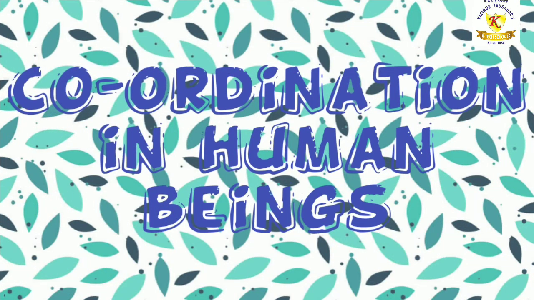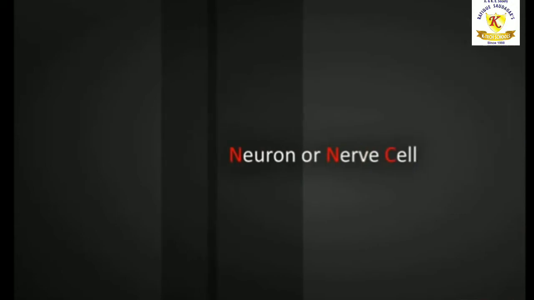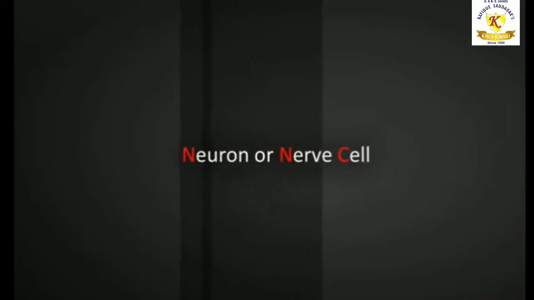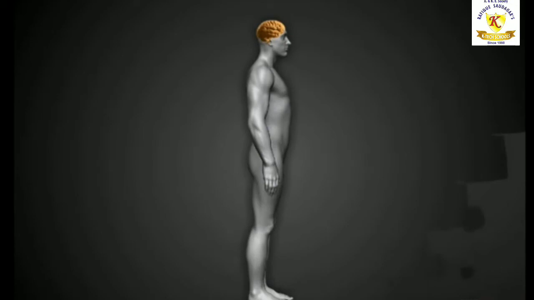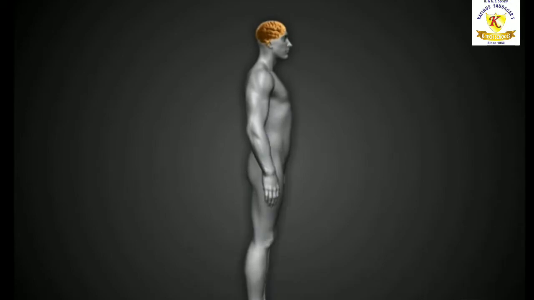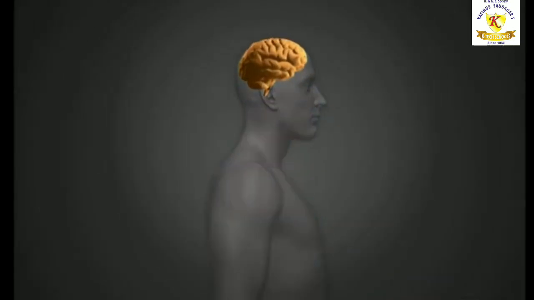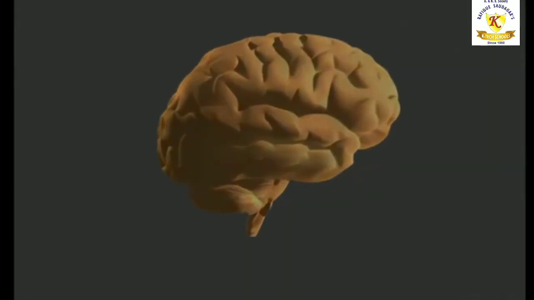Now let's study coordination in human beings. Let us study the neuron or nerve cell. In humans, control and coordination are provided by nervous and muscular tissues.